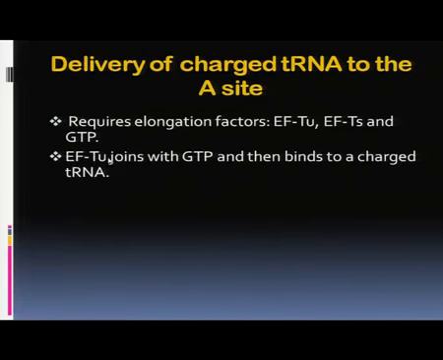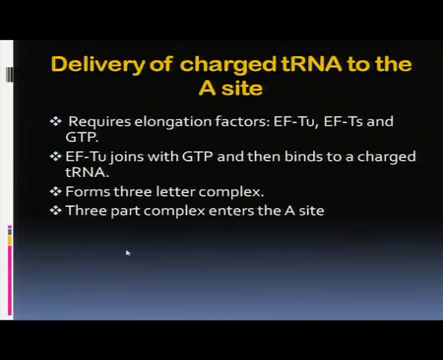Elongation factor Tu joins with GTP and then binds to a charged transfer RNA. Next to this, when elongation factor Tu joins with GTP and binds to the charged transfer RNA, they will form a 3-letter complex, and this 3-letter complex enters the A site of the ribosome.